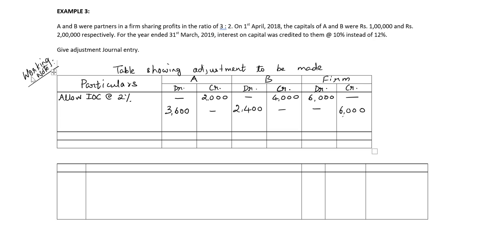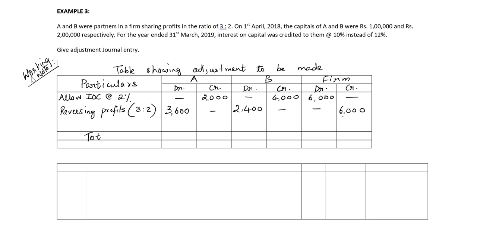And since I have debited the capital accounts, I will write in my particulars column reversing profits. And the ratio in which I have reversed the profits is 3:2.